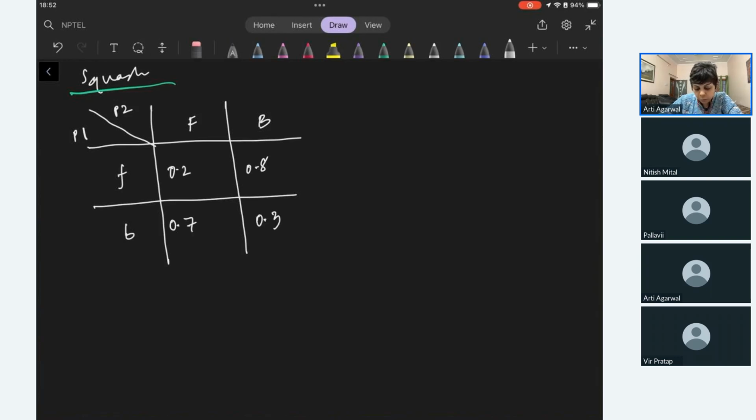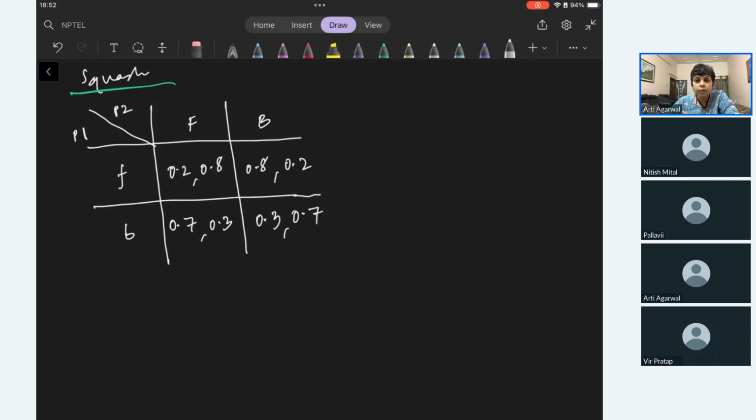So this is going to be the payoff of both the players. This is because we have mentioned that this 0.2 is the chance of you winning the rally. So if your chance of winning the rally is 0.2, then the chance of the other person winning the rally is 0.8. If you hit to the front and the other guy also goes to the front, they have a higher chance of winning the rally, which is 0.8.